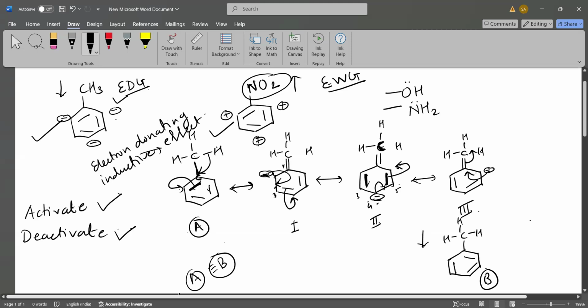So like that, if an electron donating group is present, that time only you will get 1, 2, 3 canonical forms where the ortho and para positions are electron rich. And hence, whatever electron deficient group comes in close proximity of the benzene or reacts with the benzene, it will come at the place of either ortho or para. Got it? Yes. Meta product you will not get with an electron donating group. Understood?